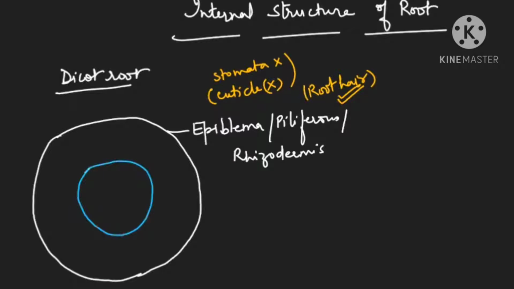So this layer is known as cortex, which is made up of parenchyma. This is cortex. And then the next layer is your endodermis. Inside the endodermis will be the pericycle.